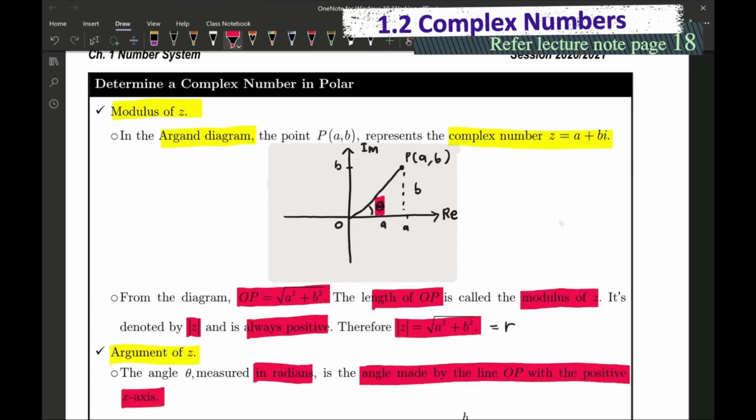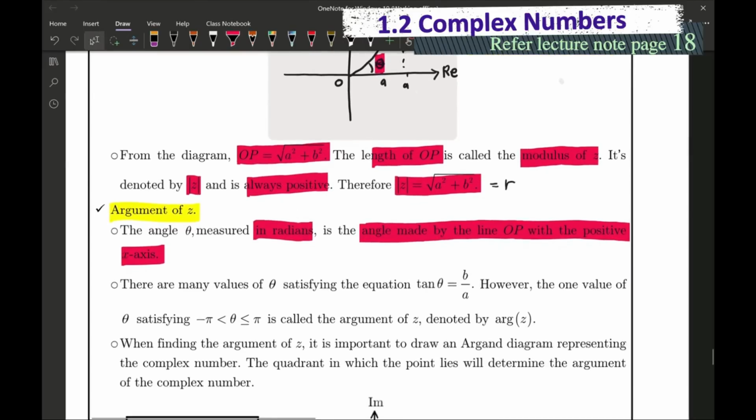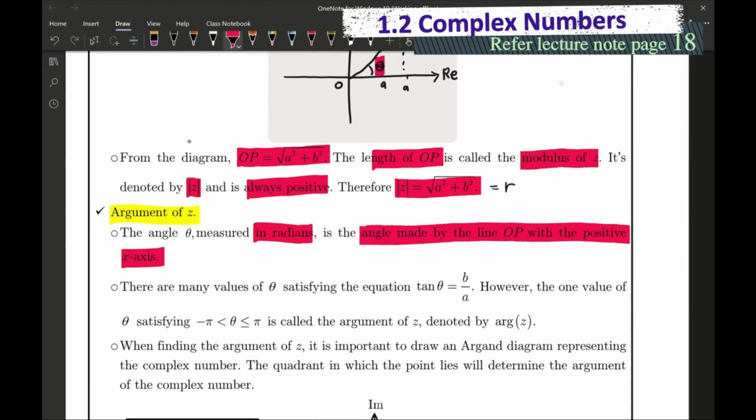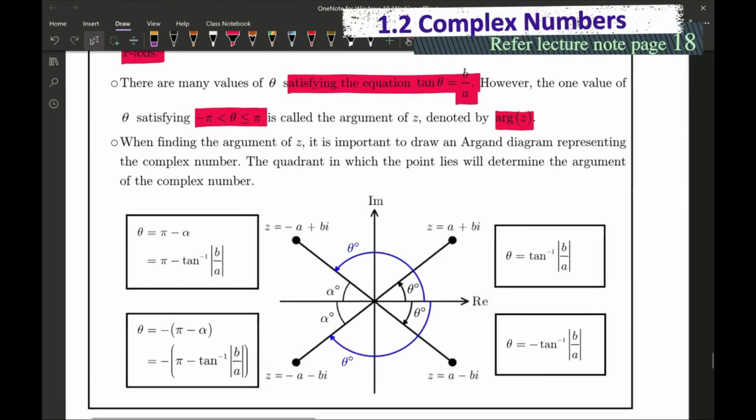So how do we find theta? It satisfies the equation tangent theta equals b over a, and must be in the range from negative pi to pi, denoted by argument of z. You can read the statement here by yourself.